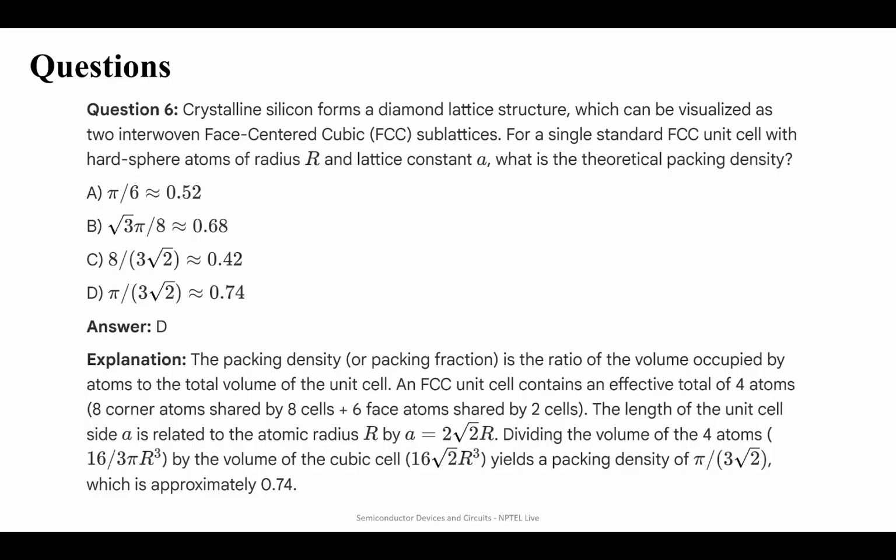The length of the unit cell side a is related to the atomic radius r by a equals 2 root 2 r, which you can calculate from the diagonal. So dividing the volume of the 4 atoms, which is 16 by 3 pi r cube, by the volume of the cubic cell, which is 16 root 2 r cube, we get a packing density of pi by 3 root 2, which is approximately 0.74. So the correct answer would be D, 0.74.